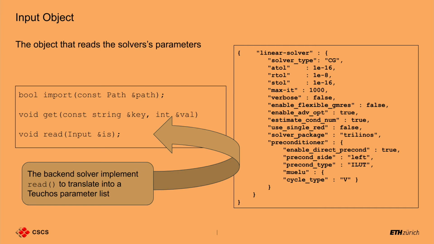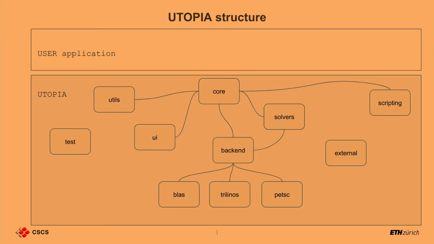So how is the Utopia structure? On top you have the application. The traits, the ingredients I told you before, the DSL, are defined in the core. Then we have the solver, where we define all the interfaces for solvers, but the actual implementations are in the backends and are mapped to the Trilinos implementation, PETSc implementation, and BLAS implementation.